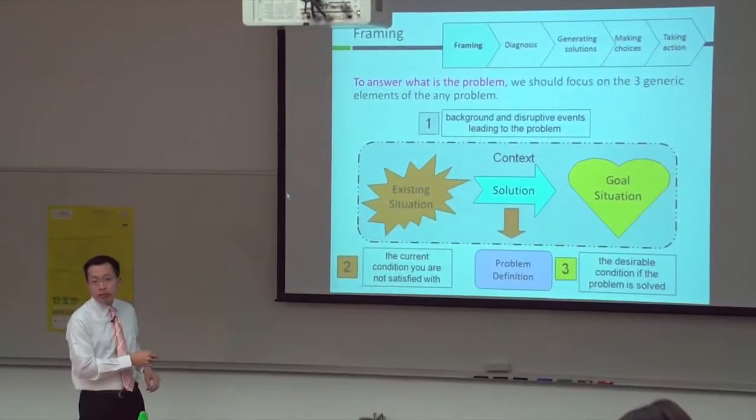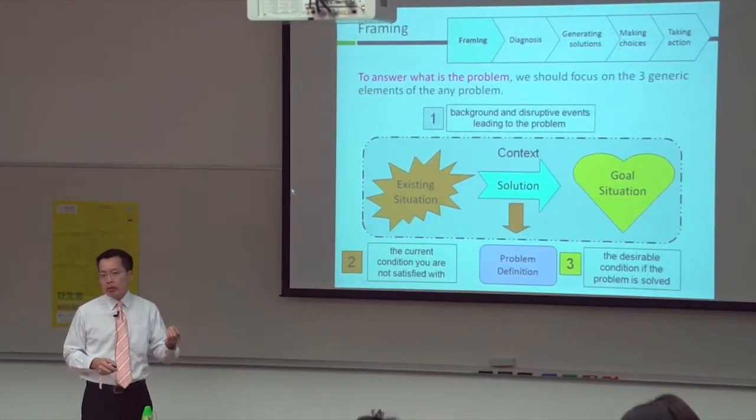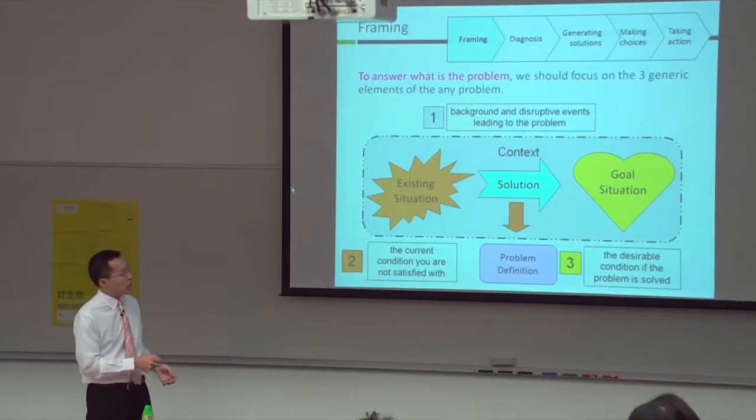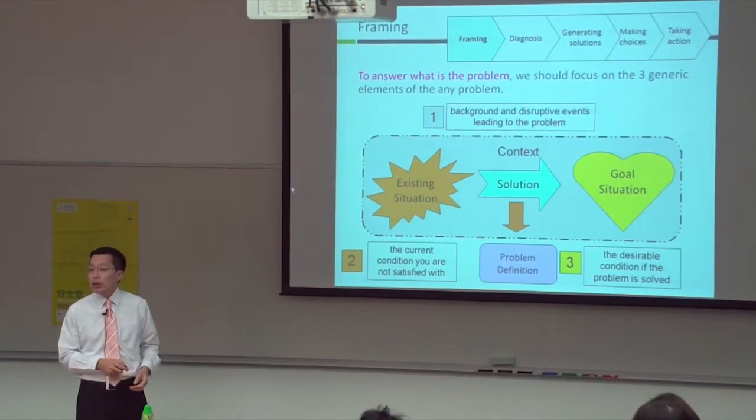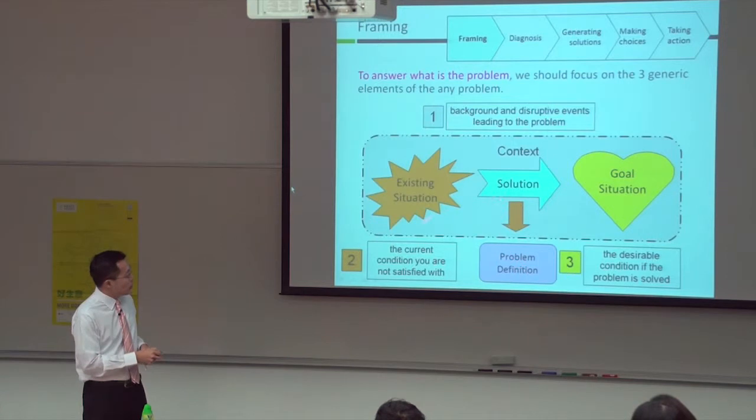If you observe something, oh, I don't think this is good for the society, I think this is not fair, and you expect a better way for that issue, then how can you develop the solution? We call it a problem, okay? So, background and events leading to the problem.